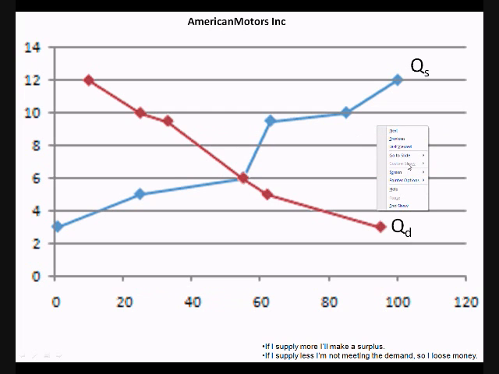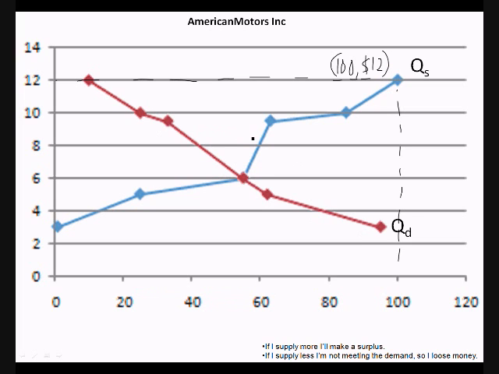To illustrate, let's just plot one thing. 100, right? So we have our x and we have our y. When x is 100, or when the quantity supplied is 100, the price is 12 bucks. And we could do that for the rest of them.